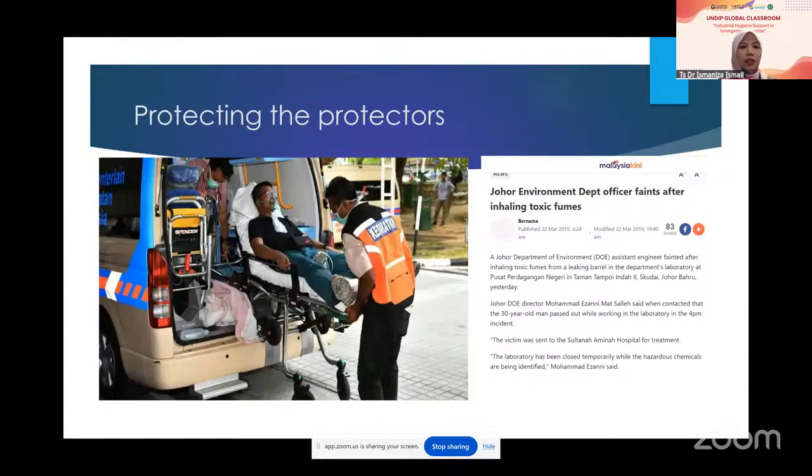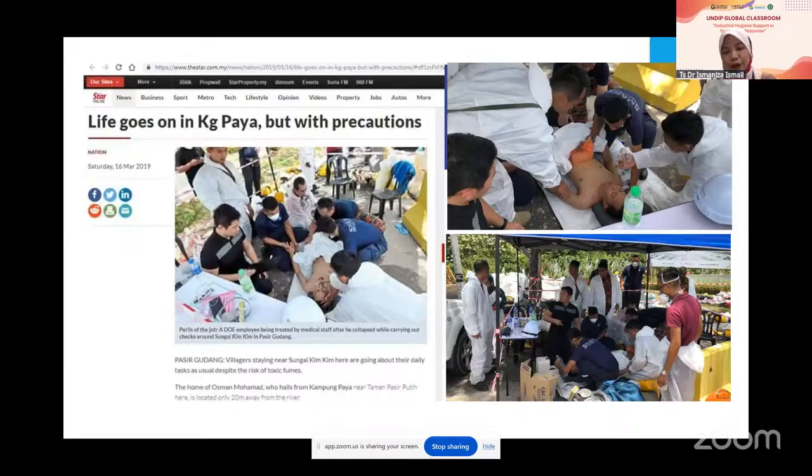And there was another situation, as you can see here, that is my friend actually. He is the staff of the Department of Environment, also there to collect samples. Okay, but that was on a Friday at noon, around Friday prayer time, yeah, and he fainted not because of the toxic fumes.